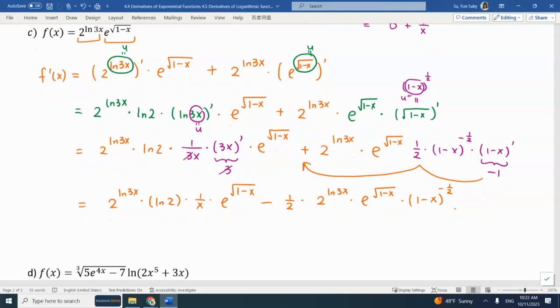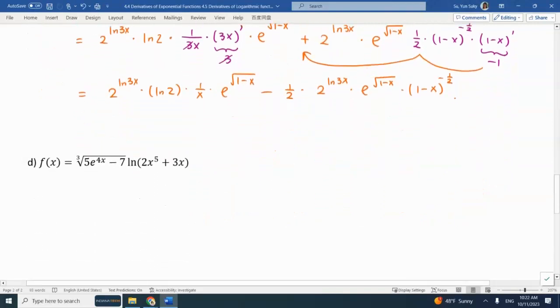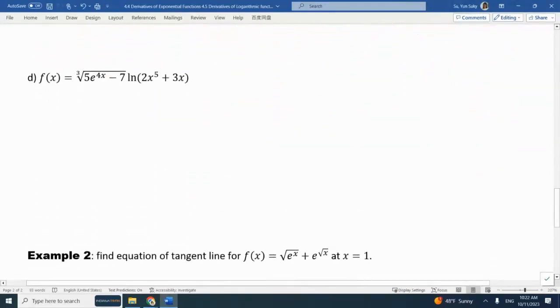And then part D. Okay, so this one, what's the format from the outside? You look at the format from the outside and inside. You have this times this, so it's a product, right?